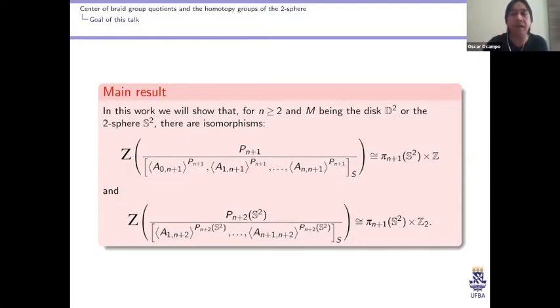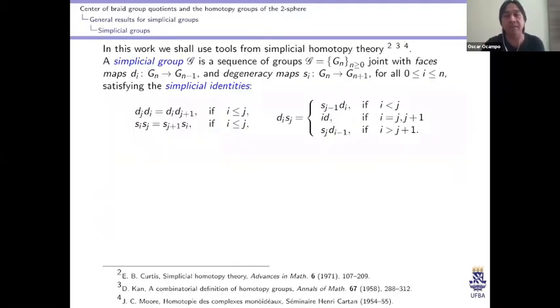So I will explain now how to obtain this isomorphism. I will use some tools from classical simplicial homotopy theory. This is the classical version, not necessarily using category and functors or this kind of language. But I will use the classical one from Curtis, Daniel Kan, and J. Moore also.